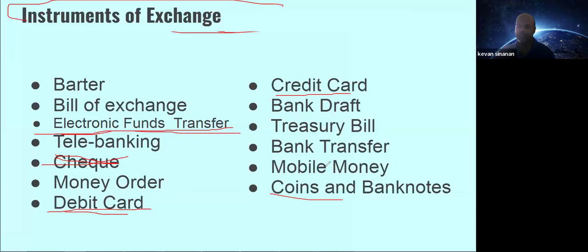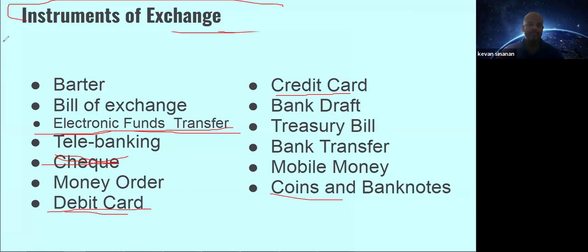Bill of exchange, yes, you can say bill of exchange. Not receipts, somebody said receipts, unfortunately. E-commerce is not an instrument of exchange, actually. So we have to go with what's in this table here, and just use the modern ones. All right, good.